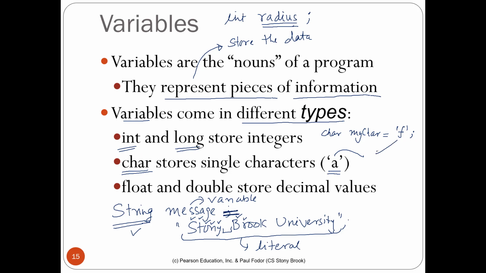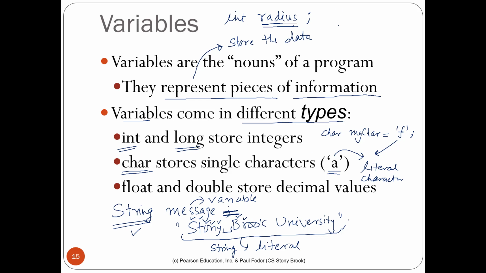These are the values which we will be assigning to the variable of type character, and this A and F, which is a value, is an example of a literal. This is a character literal, and this was a string literal.